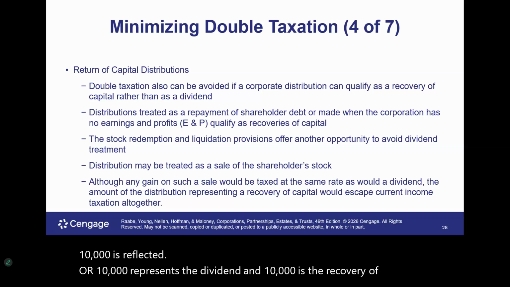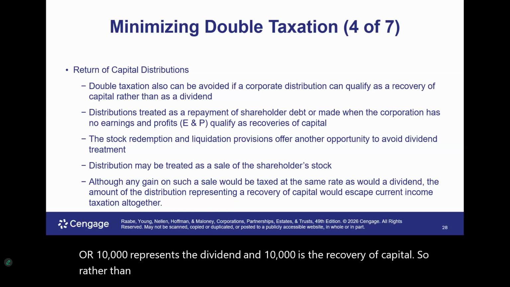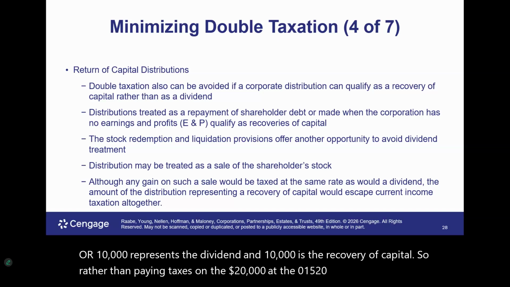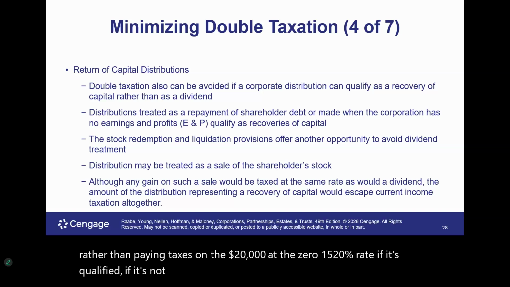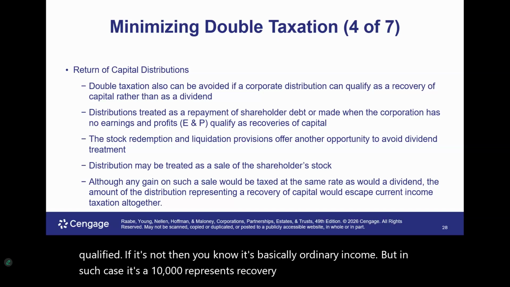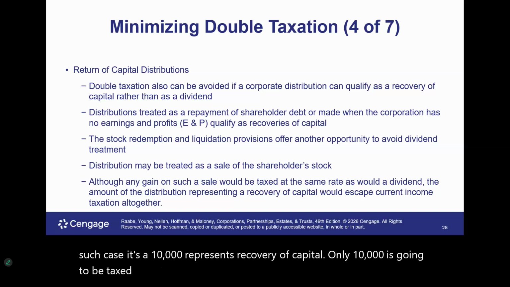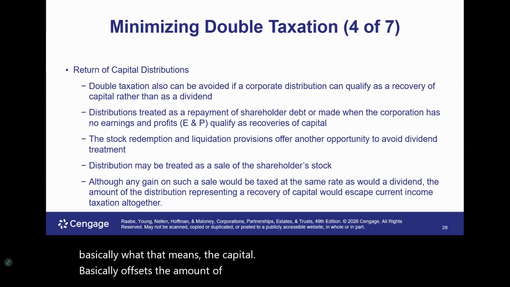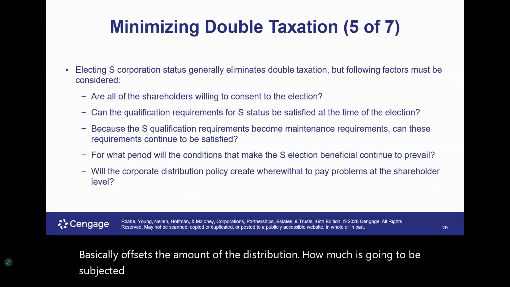So rather than paying taxes on the $20,000 at the 0, 15, 20% rate if it's qualified, or as ordinary income if it's not, in such a case where $10,000 represents recovery of capital, only $10,000 is going to be taxed. The other $10,000 is just a recovery of capital. So that's basically what that means. The capital offsets the amount of the distribution that is subject to tax.